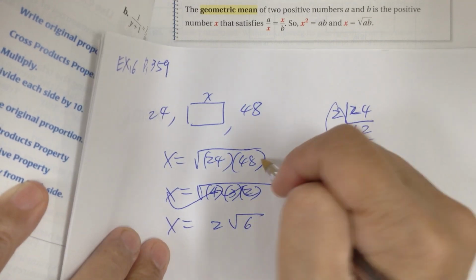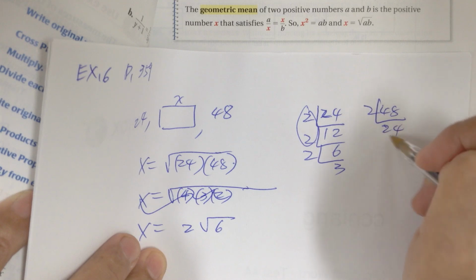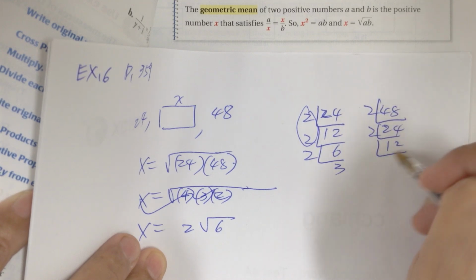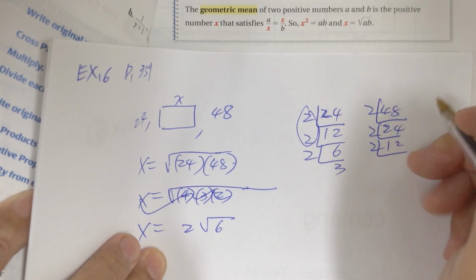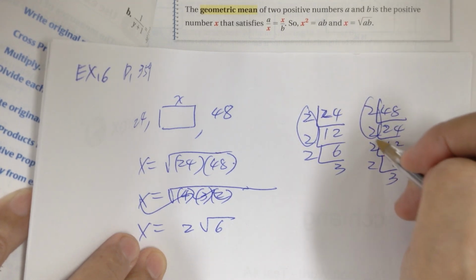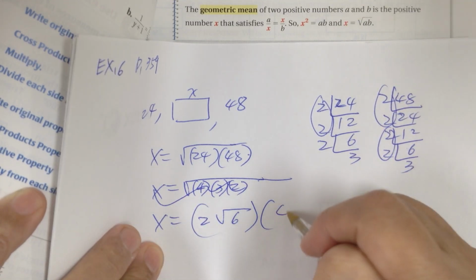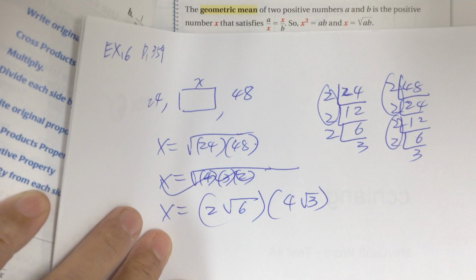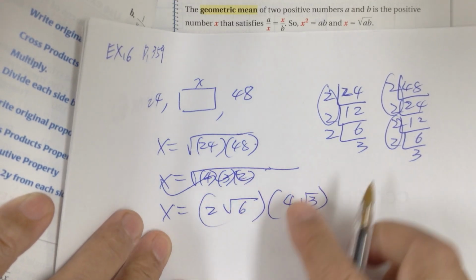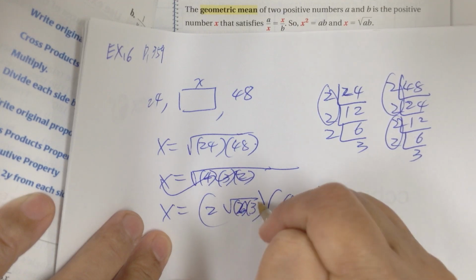The 48, you do the same thing, 2, you get 24, 2, 12, divide by 2. Again, make it into prime factorization. So this comes out, so this becomes 4 square root of 3.